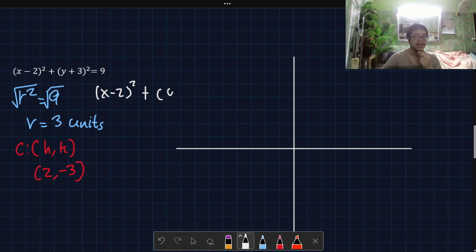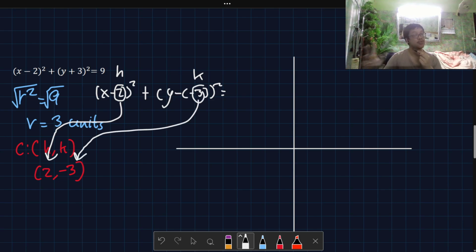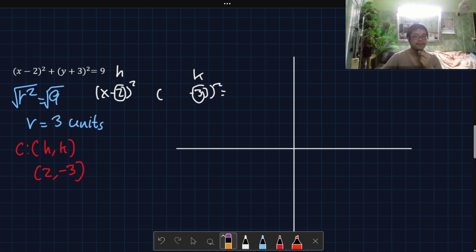So we can rewrite this as y minus negative 3 squared, because in the formula we have x minus h, y minus k. So your h is 2, and your k here would be negative 3. That is why you need to change the sign to get the coordinates of your center. I already explained it in detail.